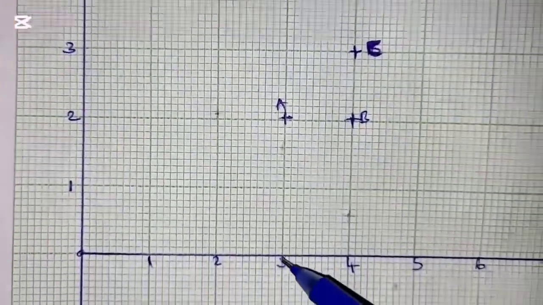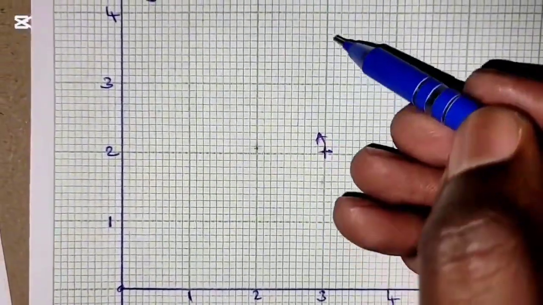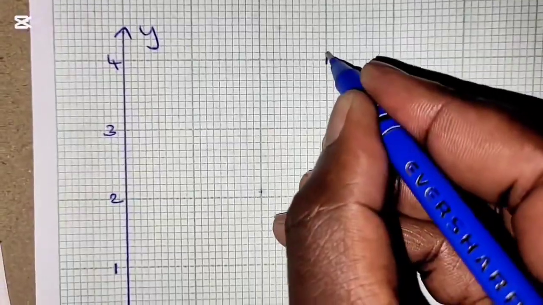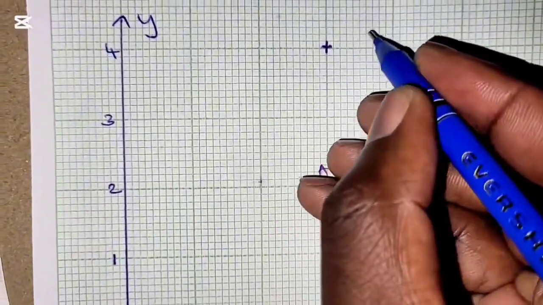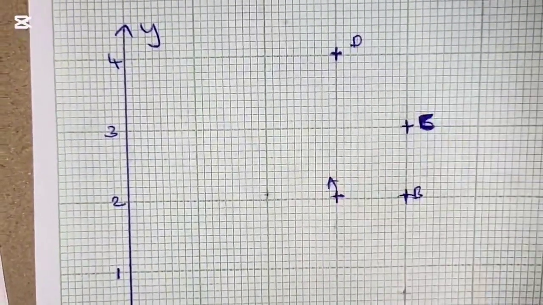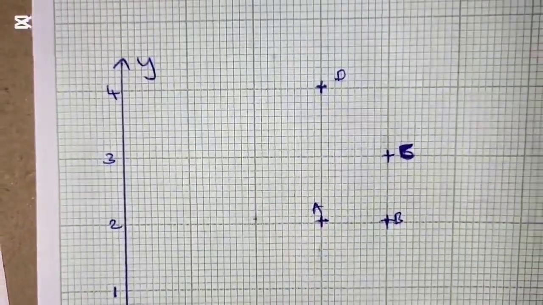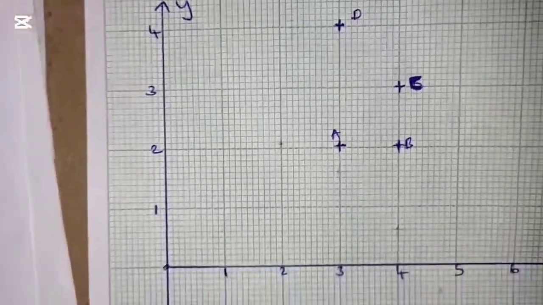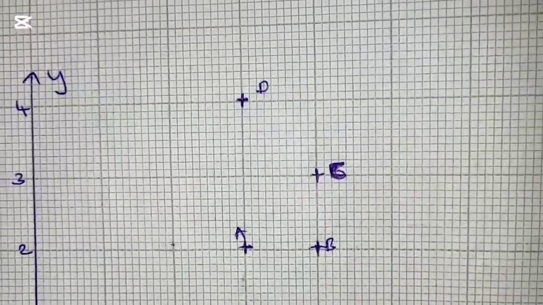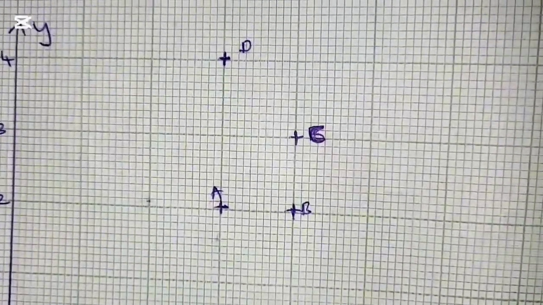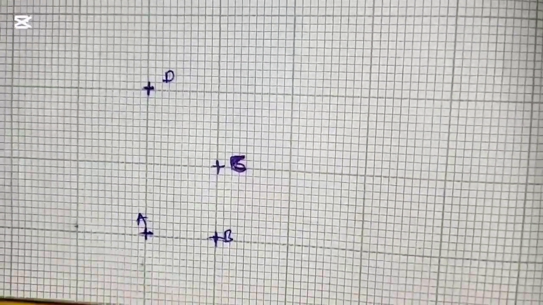Then 3 and 4. That's D. 3 and what? And 4. Right here. 3 and 4 was what? D. Okay. So that's our A, B, C, D, in that order.